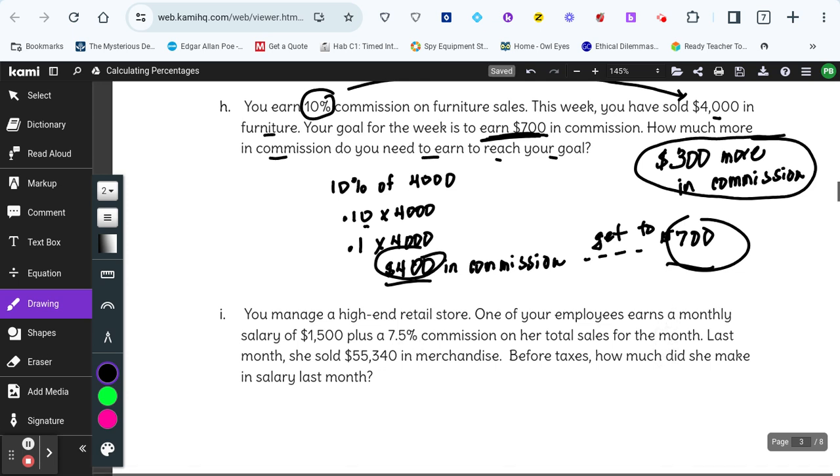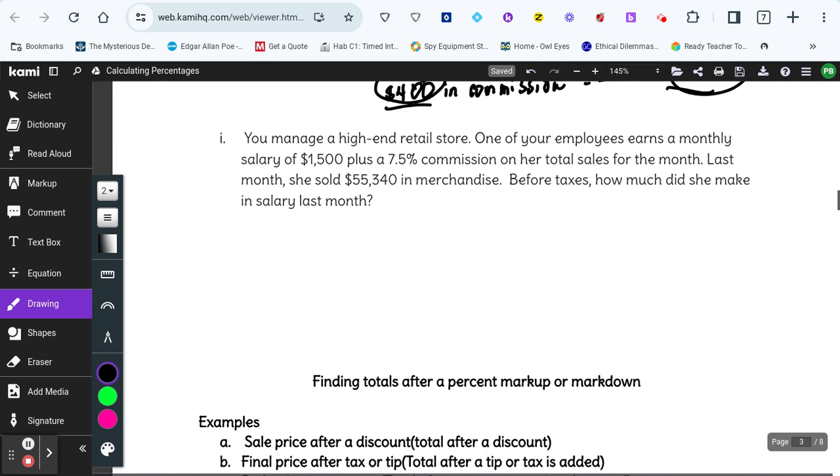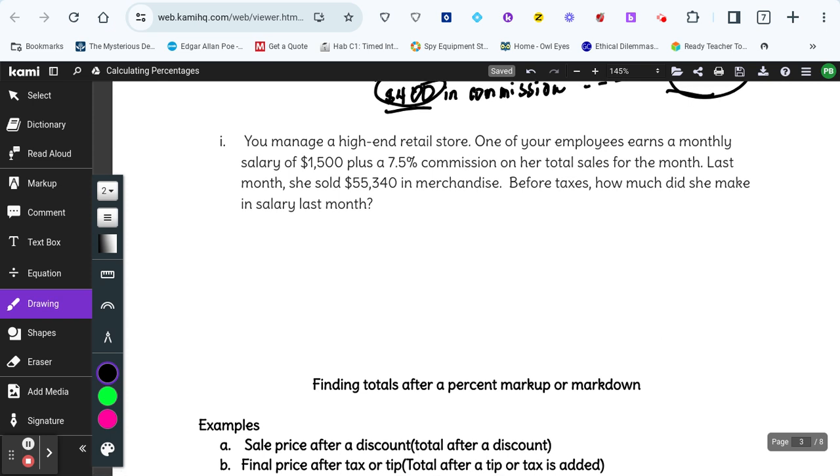All right, let's take a look at I. You manage a high-end retail store. One of your employees earns a monthly salary of $1,500. So they're going to get this. This is guaranteed money every month, okay?